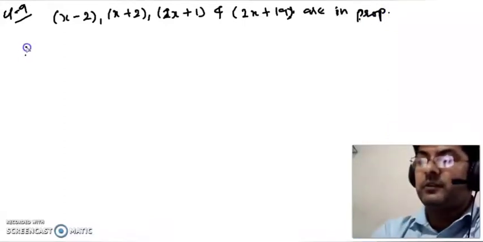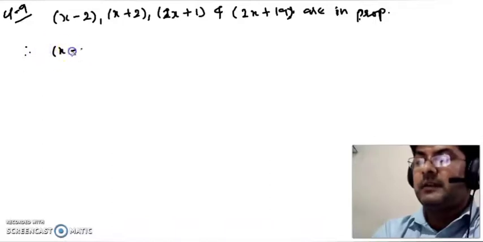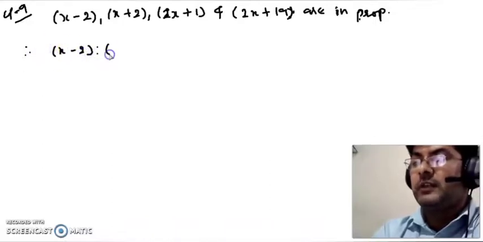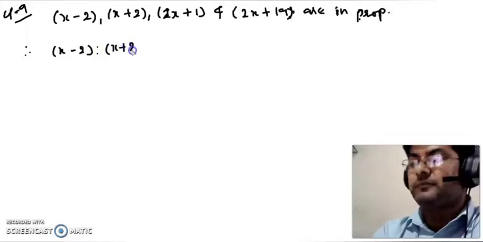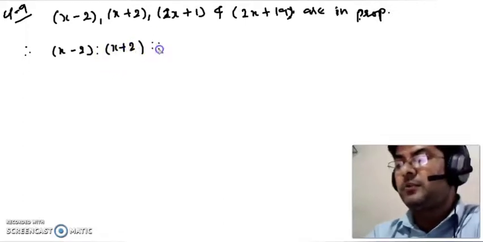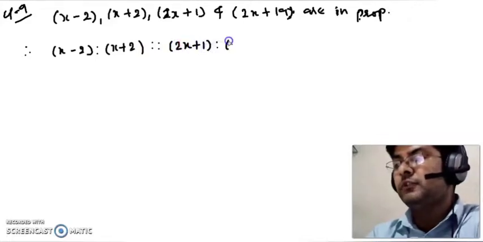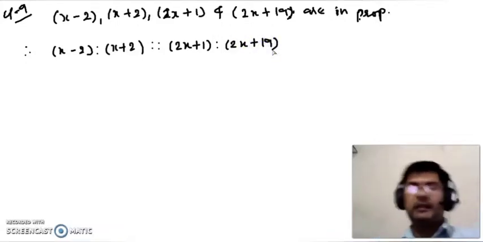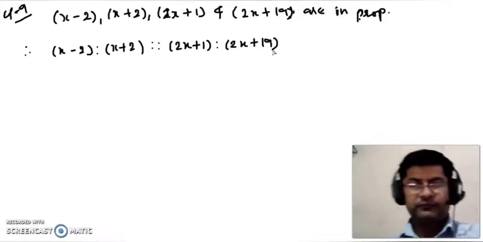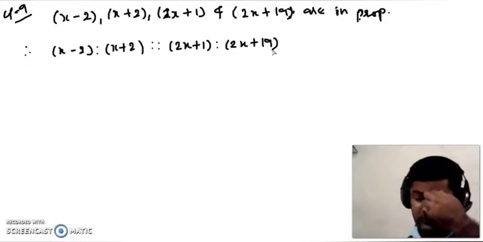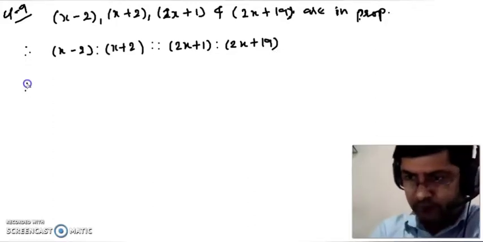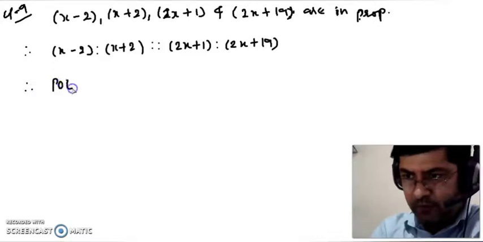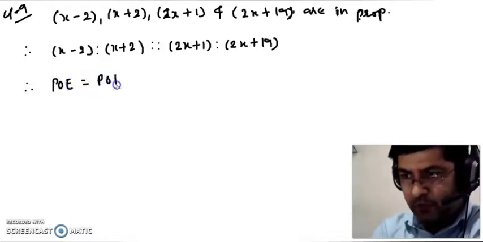Obviously, since the four numbers are proportional, we can write x minus 2 is to x plus 2 as 2x plus 1 is to 2x plus 19. Now we will use the property product of extremes is equal to product of means.